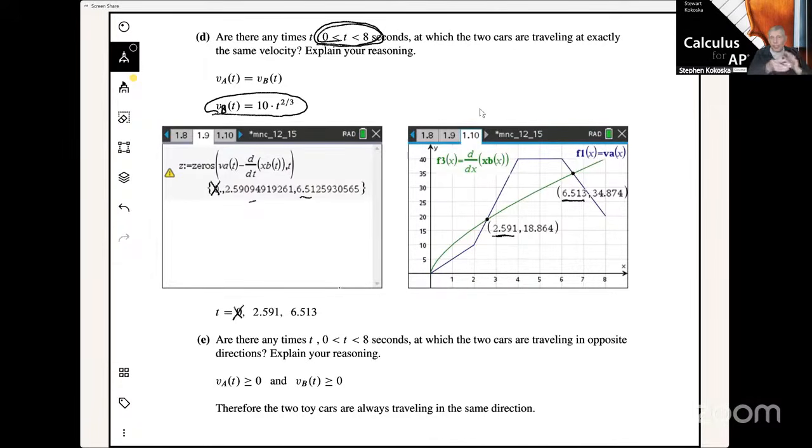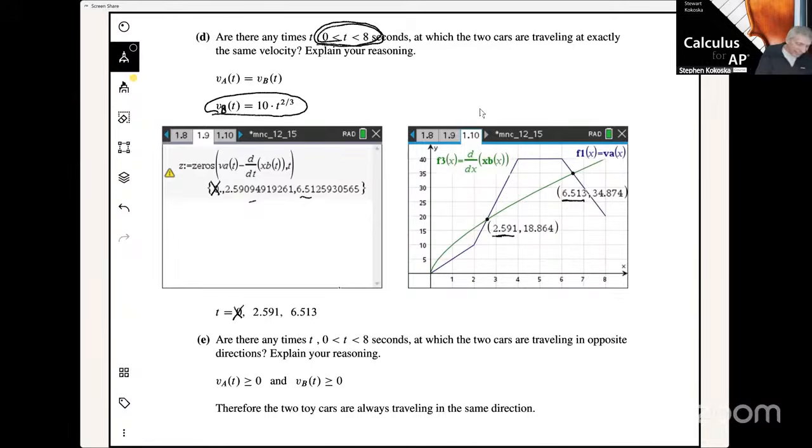We've already done quite a bit of analysis on these two velocities. We know that the velocity for both cars, for both toy cars, is positive. So they're both always traveling in the positive direction. So therefore, the two cars are always traveling in the same direction. There are no times at which they're traveling in opposite directions.